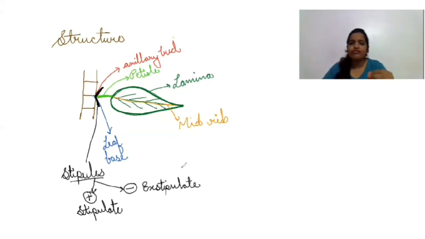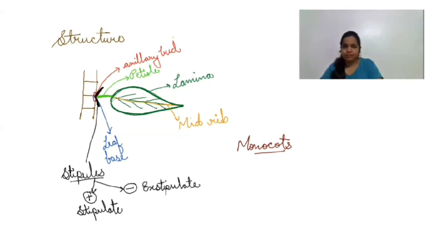But now we have a few common characters of some plants. Let's start with the monocots. In case of monocots, what happens, guys? The leaf base becomes expanded to form a covering around the stem.